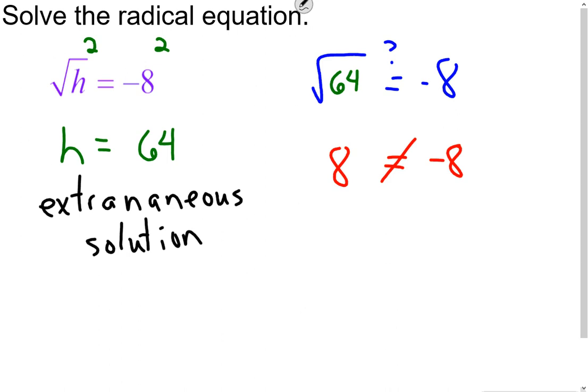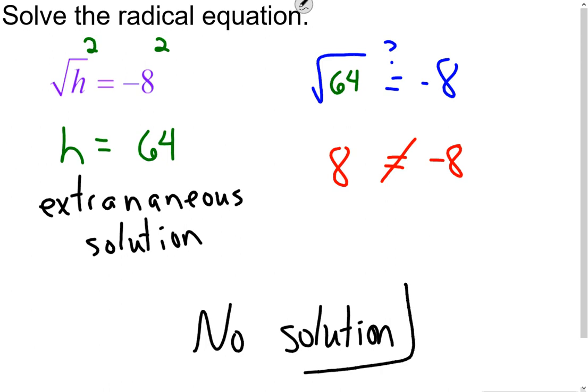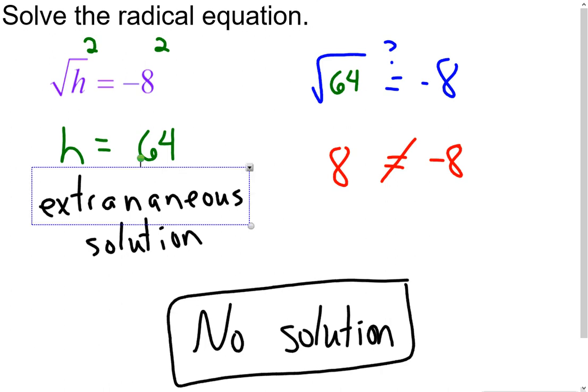So if I were asked to solve this equation, when it's all said and done, I would say there's no solution, because the solution that appeared to be there is extraneous. And sometimes that happens. Sometimes there is no solution.